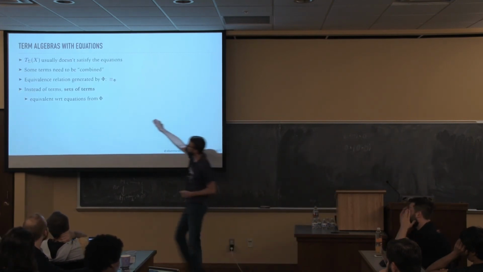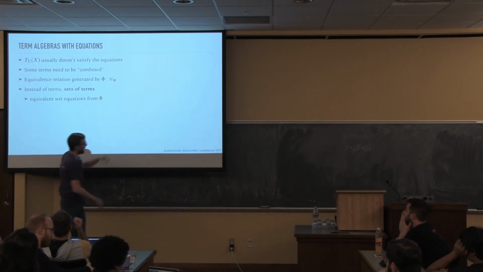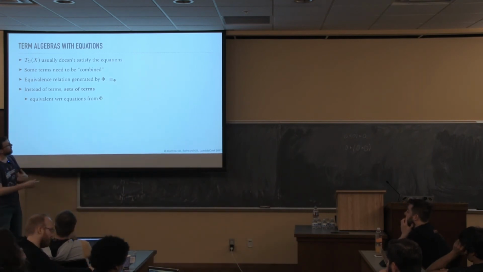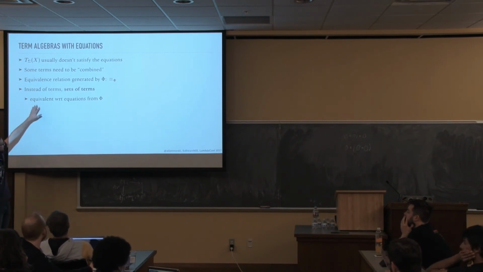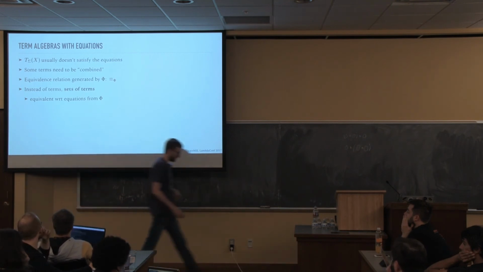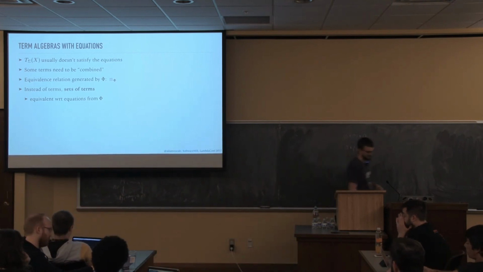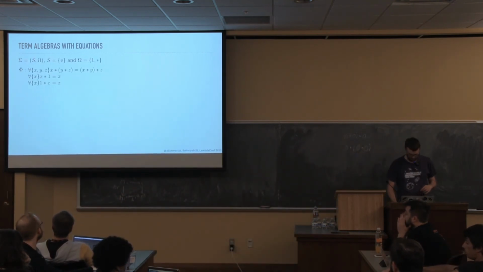Well, the relation is generated by the equations. So whenever two terms can be proven equal under these equations, we will glue them together. So instead of individual terms, we will look at sets of terms. Okay, and these sets of terms have to be equivalent as specified by the equations.